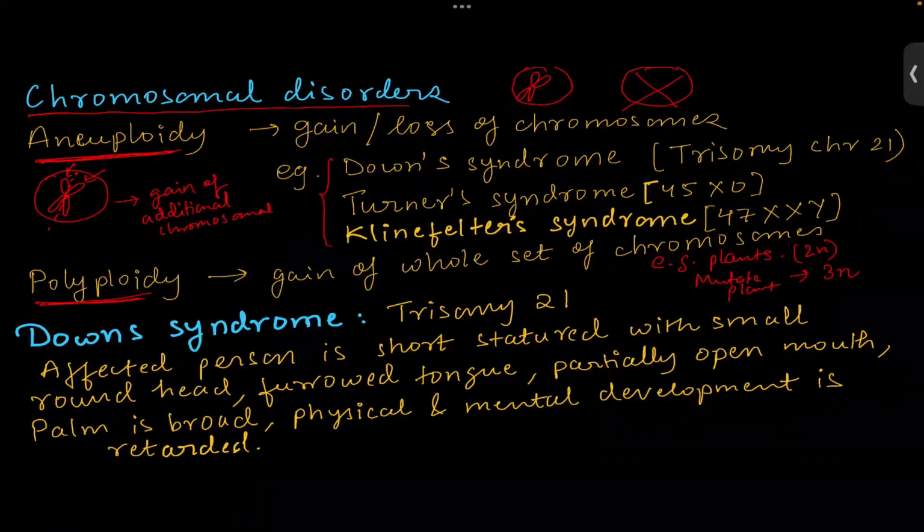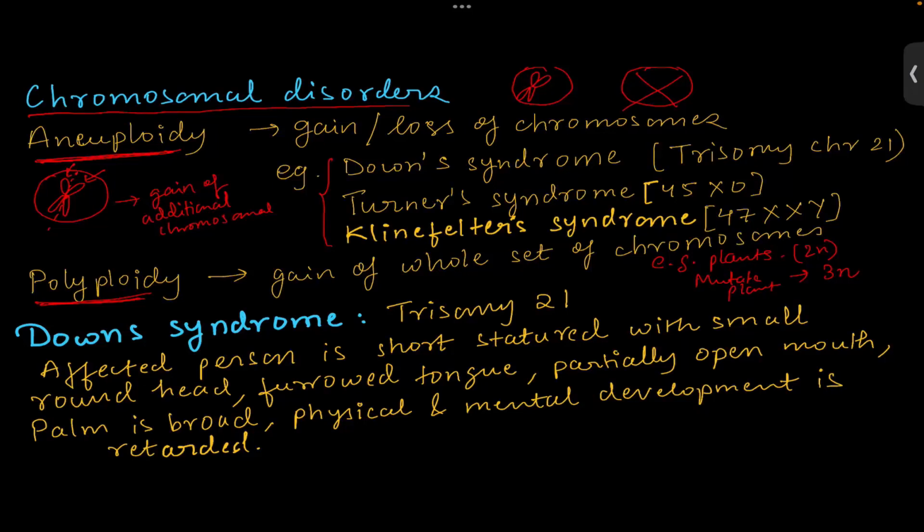So why does polyploidy happen? It happens because towards the end of mitosis, telophase happens, and then cytokinesis. Cytokinesis results in division, right? Formation of a cell membrane and dividing the two daughter cells.